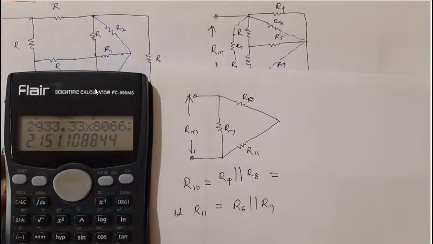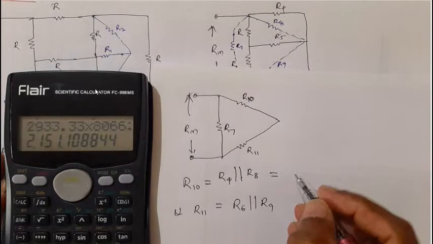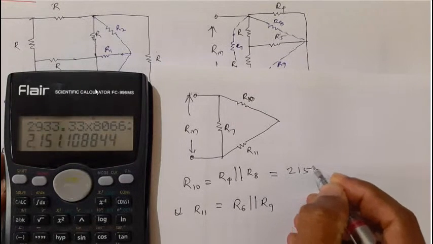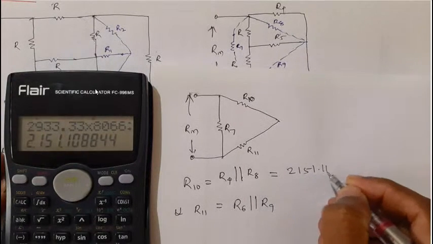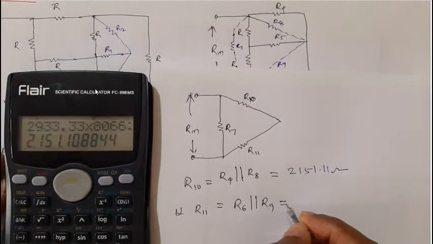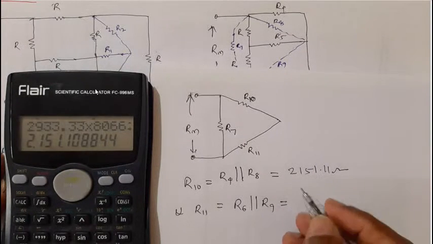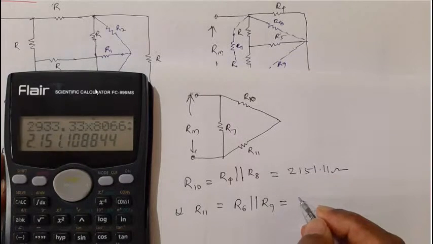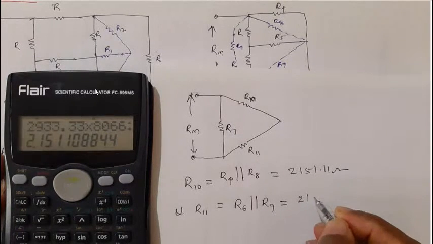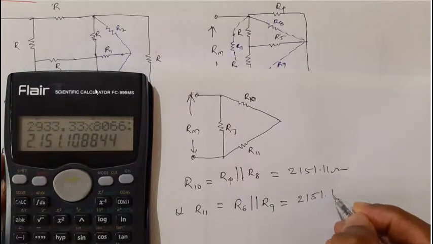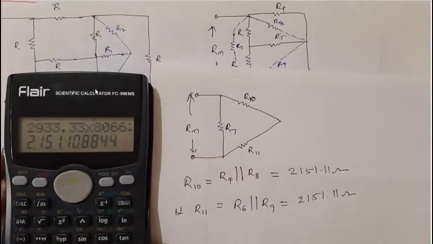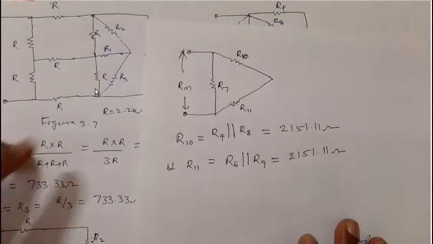How much do you get? It is equal to 2151.11 ohm, and because the resistors are equal, R11 also you will get 2151.11 ohm, right?